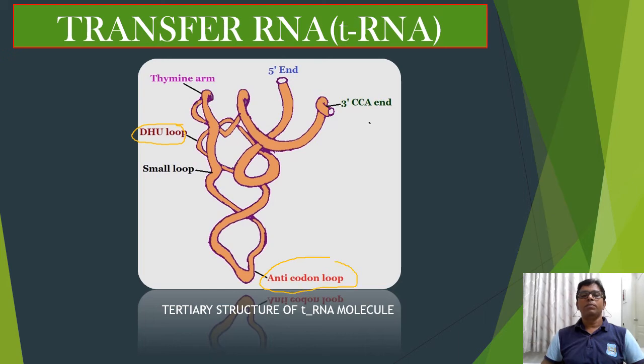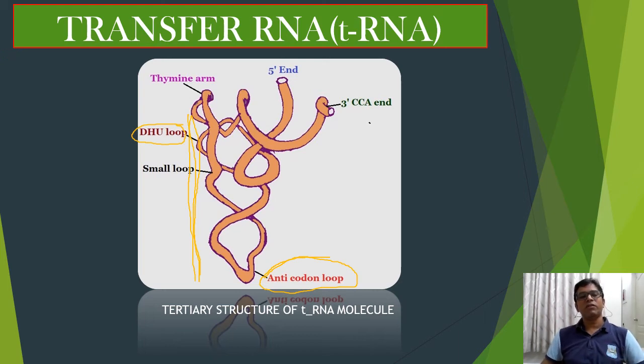Anticodon arm becomes straight and forms one arm of the L-shaped tertiary structure. Imagine this is one arm of the L-shaped tertiary structure of the tRNA molecule.